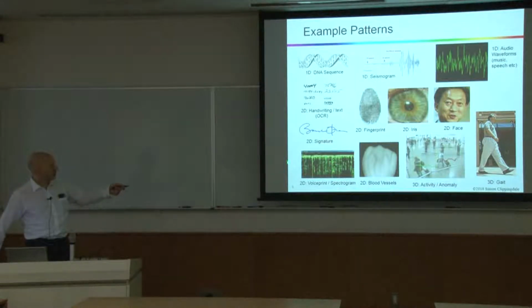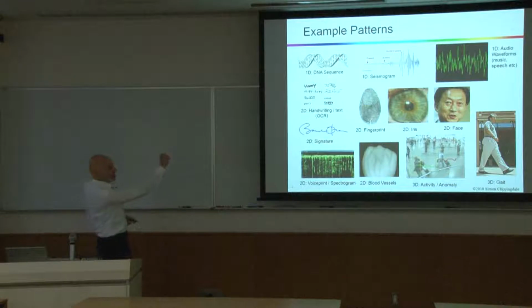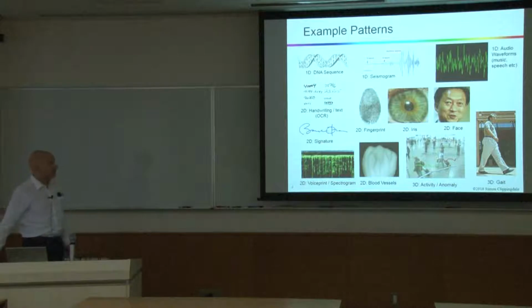Here's another 2D signal, a little bit more specialized. This is a voice print spectrogram, with frequency on one axis and time on the other. This is the back of somebody's hand, where you're trying to recognize the pattern of blood vessels in the hand for authentication.